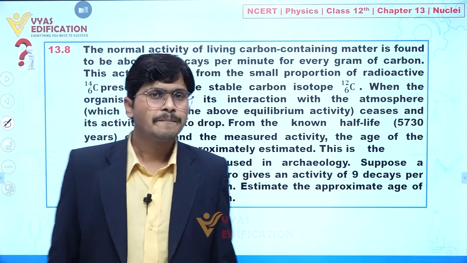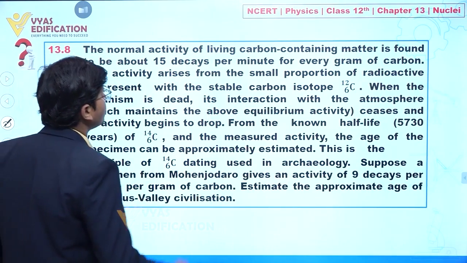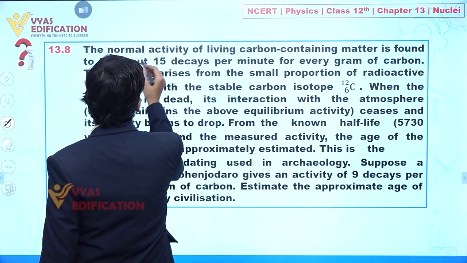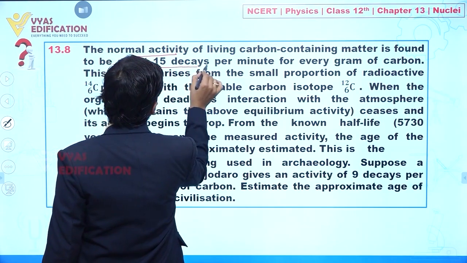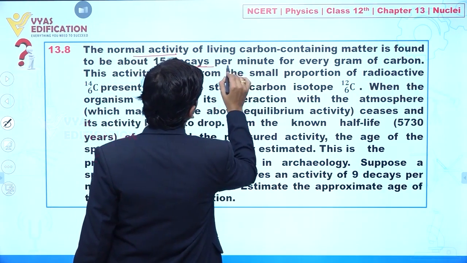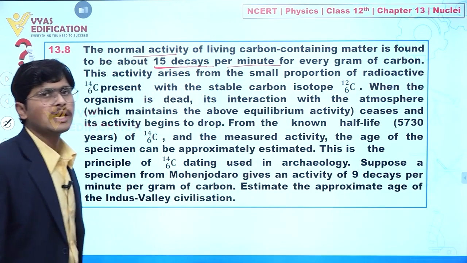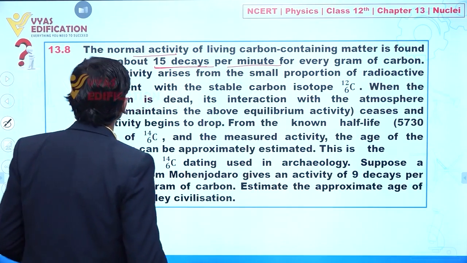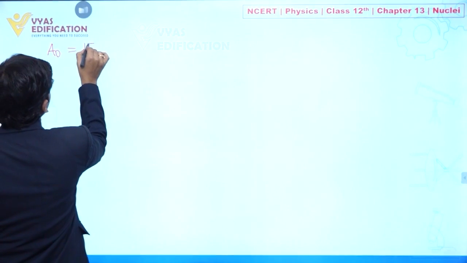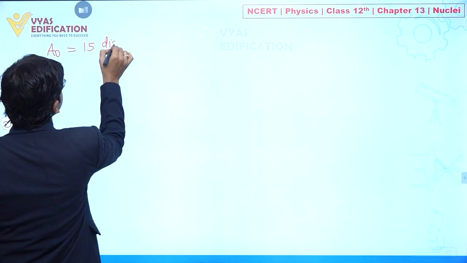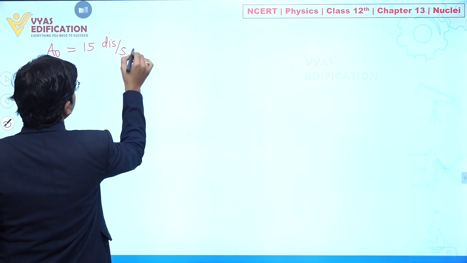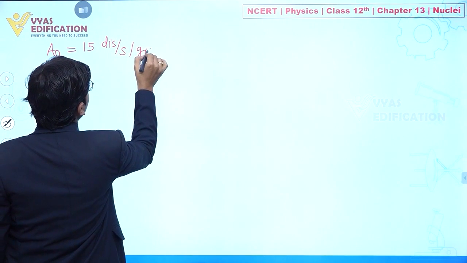So initially, when we are talking about normal activity, it is given as 15 decays per minute for every gram of carbon. So we can write the activity at time t equal to 0 as 15 disintegrations per minute per gram of carbon.